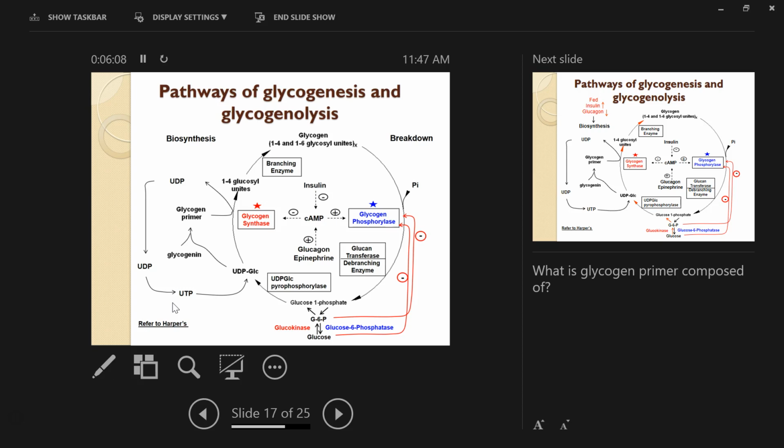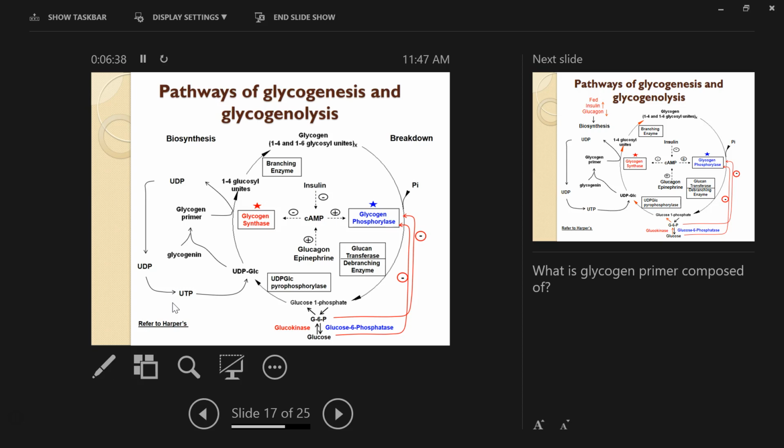And glycogen synthesis also involves UDP-glucose, right, and glycogenin as a primer that synthesizes the first 8 glucose chain, and then glycogen synthase takes over, and the branching enzyme, right, is also involved to complete the synthesis of a compact glycogen.